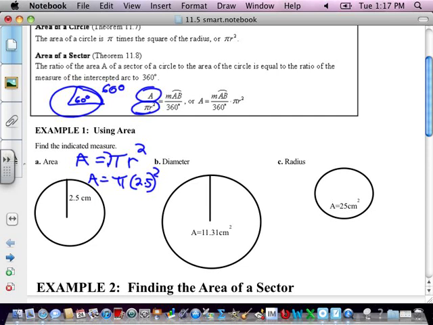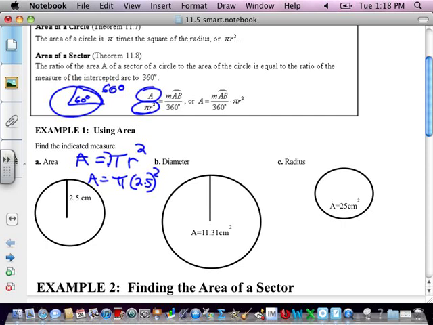Either will work. The degrees will just be a little bit off, but it'll be fine. So 3.14 times 2.5 squared. And what do we get, guys? I get 19.625.